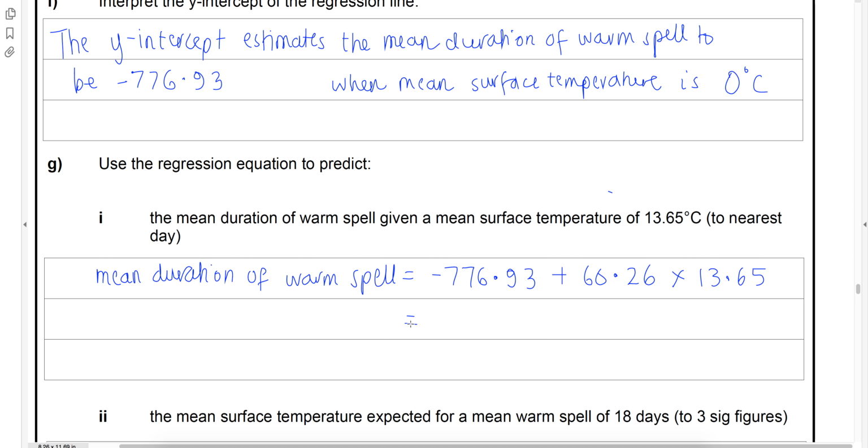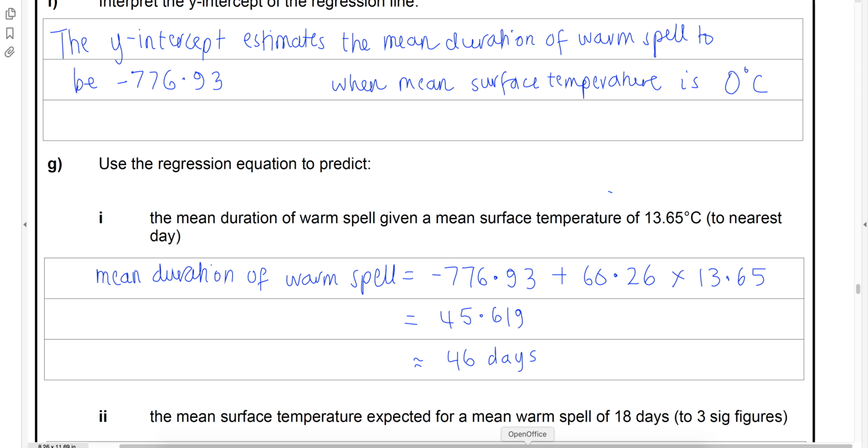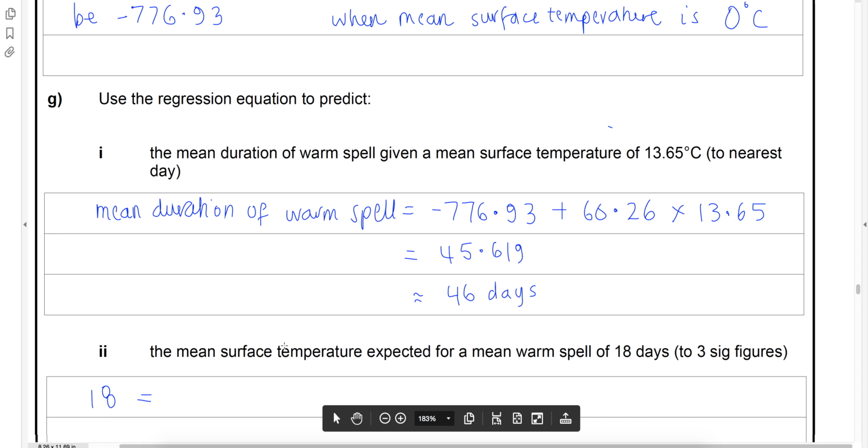So straight into the calculator with this one. Negative 776.93, and we get 45 point something. What do we want to the nearest day? Okay, so 45.619, therefore 46 days. So if our mean temperature is 13.65, we're predicting the duration of that warm spell to be 46 days.